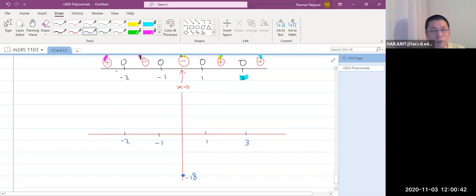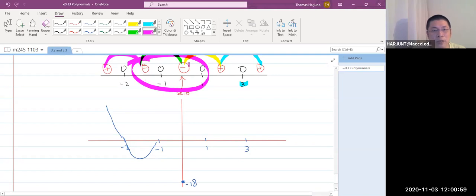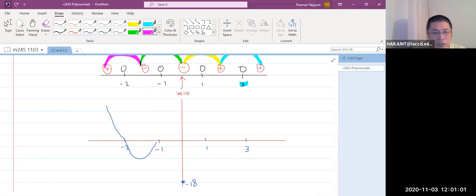From negative infinity to -2, it's plus, meaning it is above the x-axis. Between -2 and 1, it is below the x-axis. But you see, at -1, the sign is the same on the left and right, which means it's just touching without crossing.